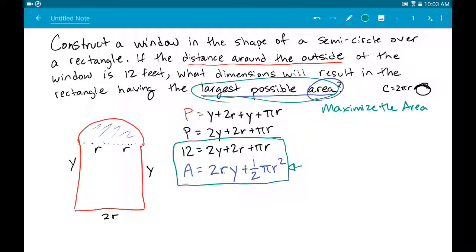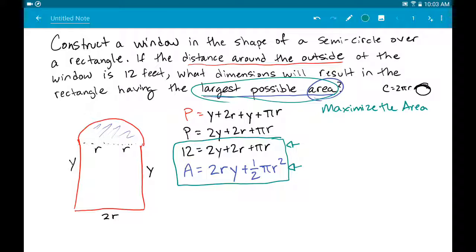Meaning I have r and y. Remember, pi is not a variable, it's a number. So we usually use the first equation to isolate a variable and then substitute it into the area equation to get an equation in one variable. Let me at least set that up, and then if you want to finish this question at home, you can.